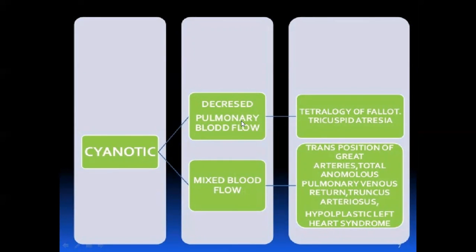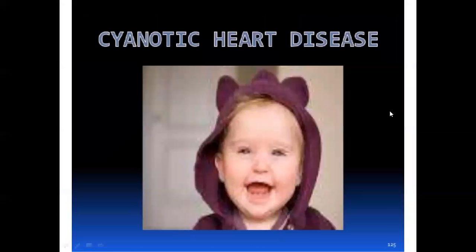Decreased pulmonary blood flow causes tetralogy of Fallot and tricuspid atresia, and cyanotic mixed blood flow contains transposition of great arteries, total anomalous pulmonary venous return, truncus arteriosus, and hypoplastic left heart syndrome. So we will discuss tetralogy of Fallot.